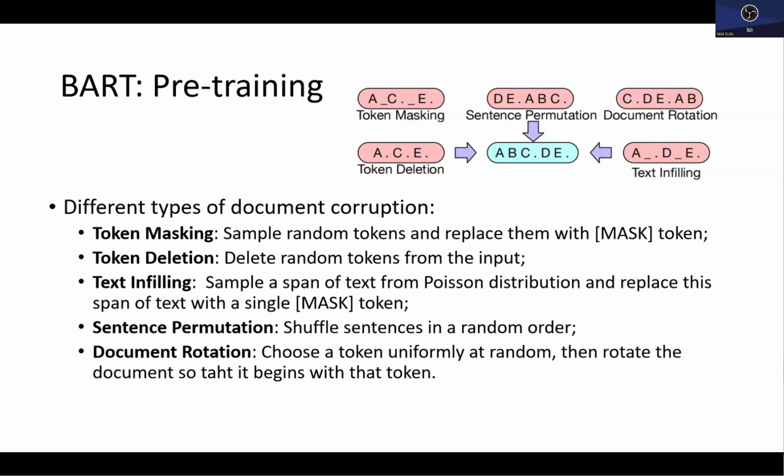Text infilling. Instead of sampling tokens, we sample a span of tokens from a Poisson distribution and replace this span with a single mask. Sentence permutation, where we shuffle sentences in a random order. And the last one is document rotation, where we choose a token randomly and rotate our document so that it begins with that token.